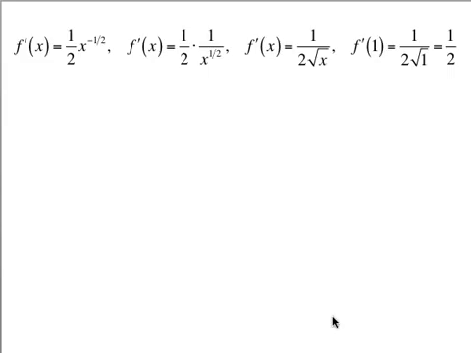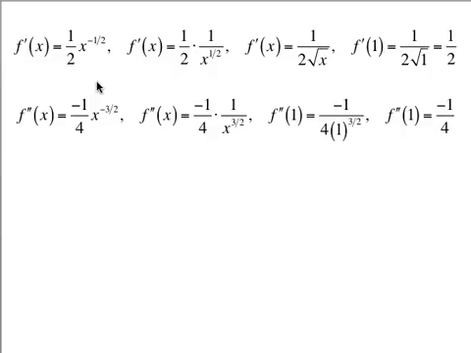If I want the second derivative, that'll be 1/2 times negative 1/2 x to the negative 1/2 minus 1. So 1/2 times negative 1/2 x to the negative 3/2. So 1/2 times negative 1/2, negative 1/4, x to the negative 3/2, or negative 1/4 times 1 over x to the 3/2. Well, we're using 1, so f double prime of 1 is negative 1/4 times 1 over 1 to the 3/2.